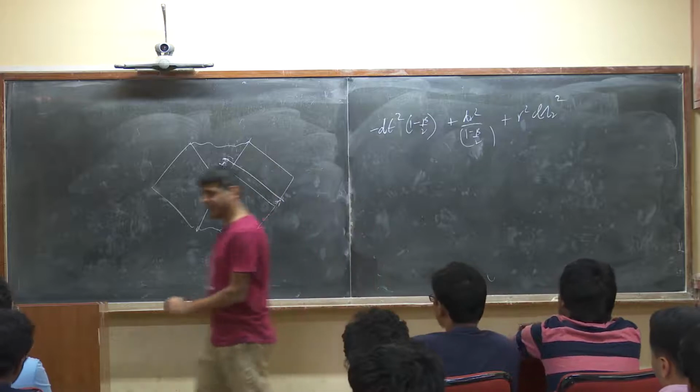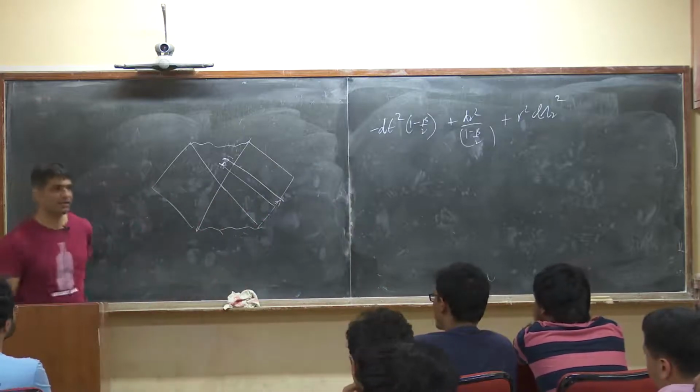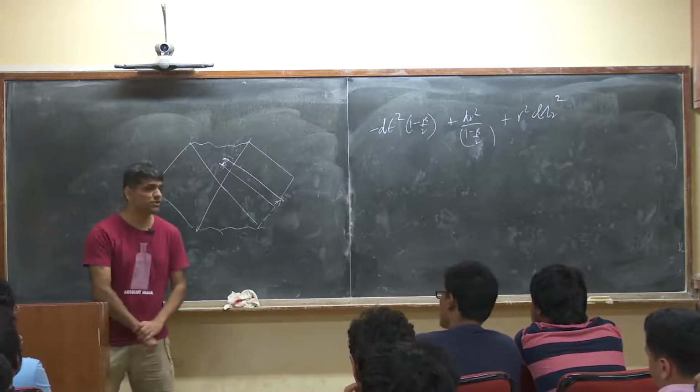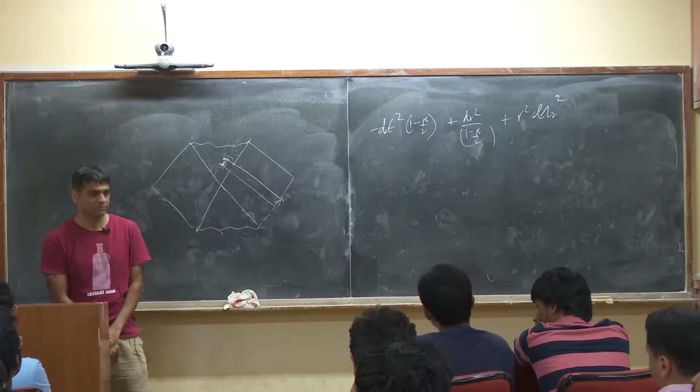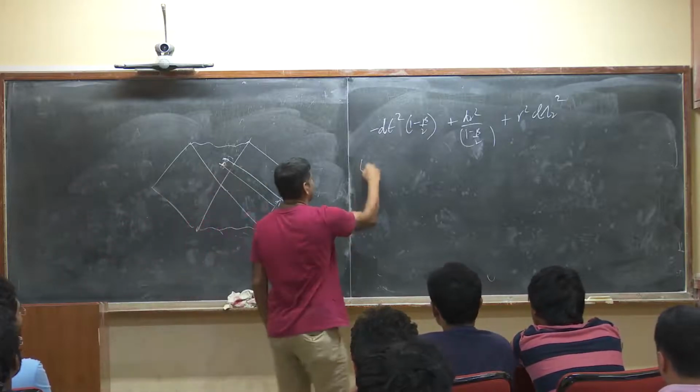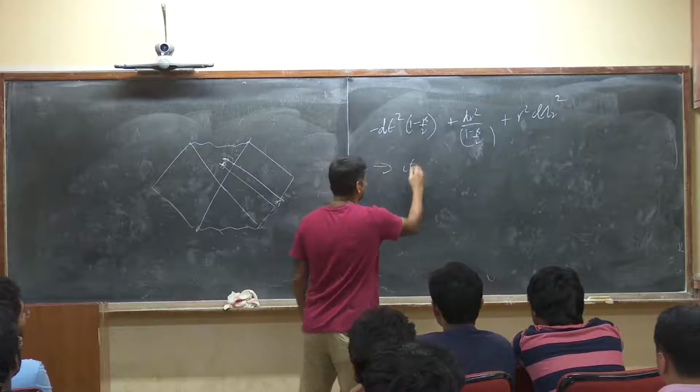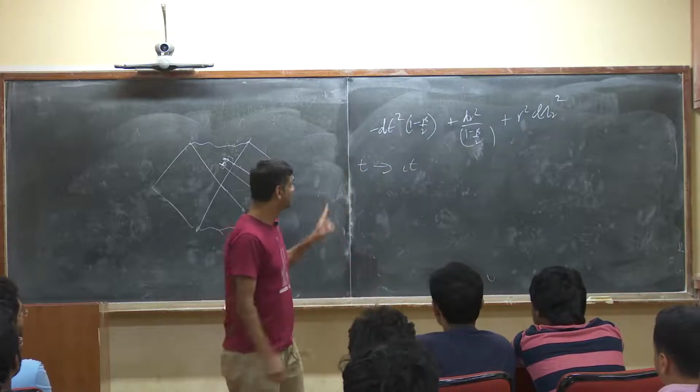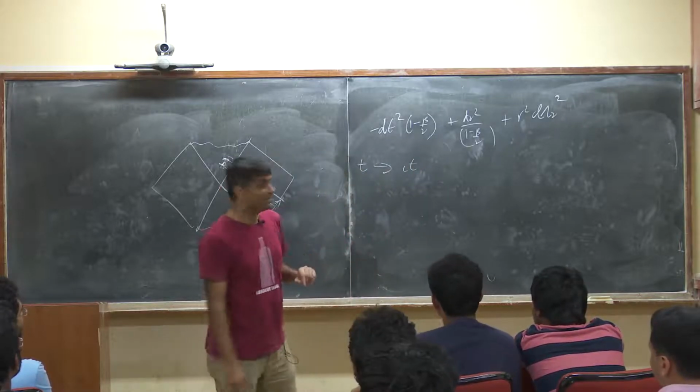And now I do the strange thing that quantum field theorists often like to do. I analytically continue time. I take t goes to it, or is it the other way? It won't make a difference to our algebra, but let's get it right.